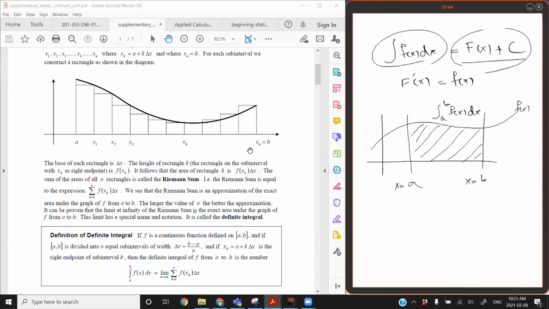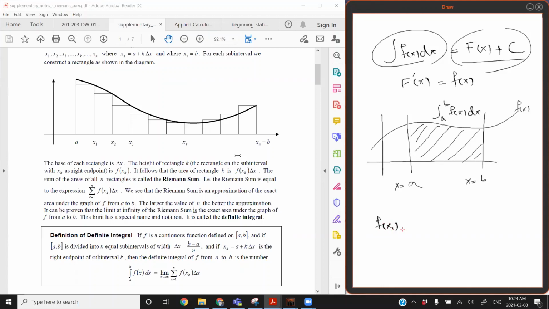For the height of those rectangles, you're going to use f of x1, f of x2, f of x3, and so on. And then by increasing the number of the rectangles, you can improve your approximation. So if I want to just write that Riemann sum using n, I'm going to have something like this.